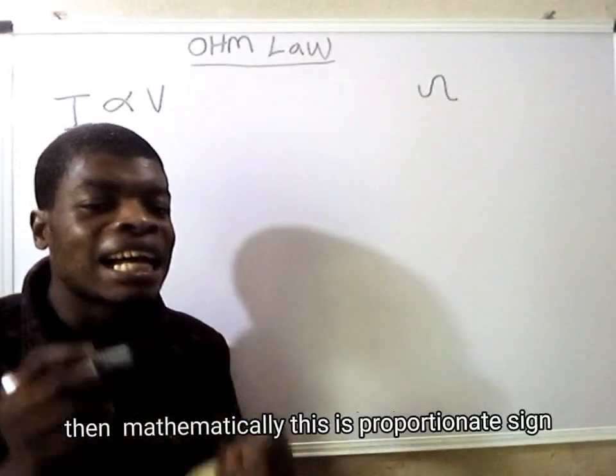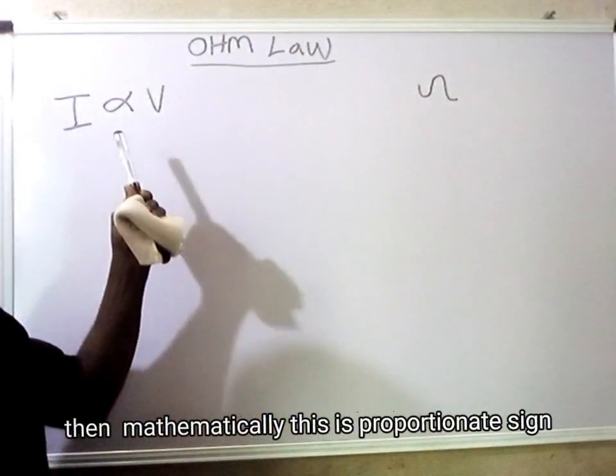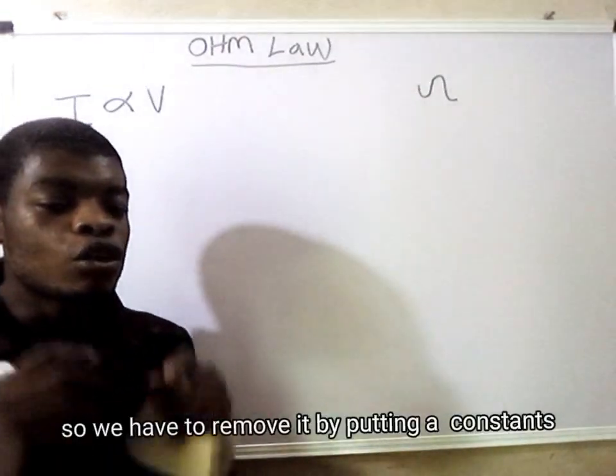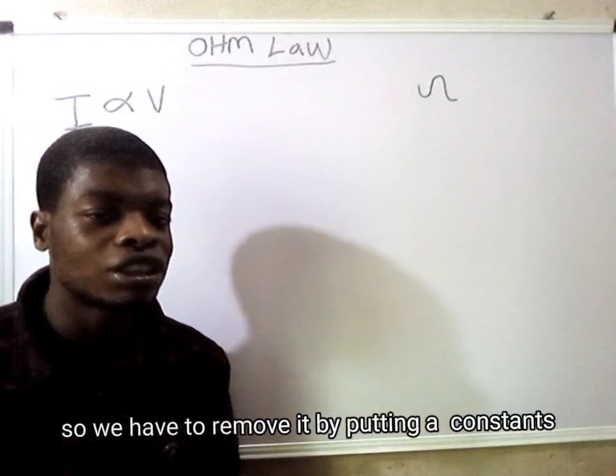Then mathematically this is the proportionality sign, so I have to remove it by putting a constant.